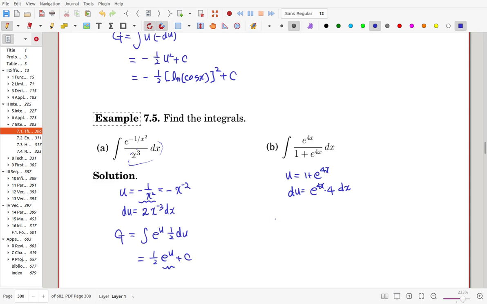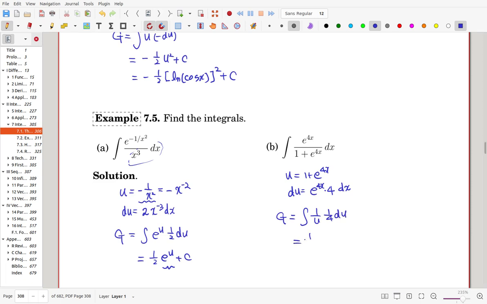Right? So here the given integral is the same as integral 1 over u, and the remaining part e to the 4x dx is the same as a quarter of du.